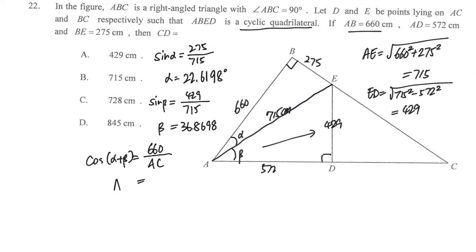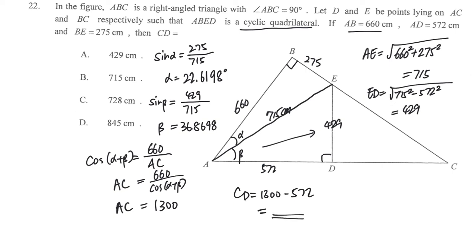So AC is 660 divided by cosine of those two angles added together, and you'll find out that AC is very, very close to 1300, because you're going to get 1299.9 something. That's the final step. To find CD, that's just 1300 minus 572, and that's your option C, 728.